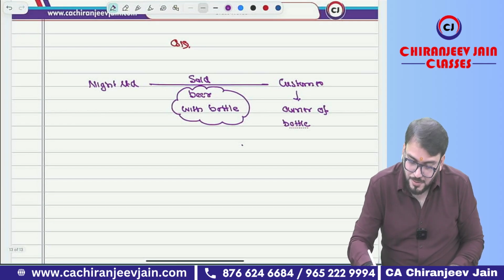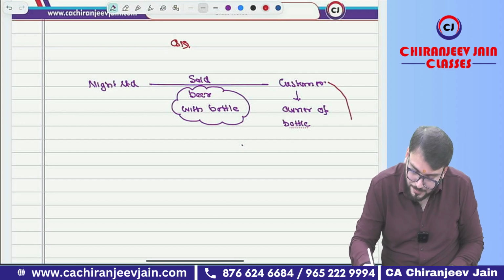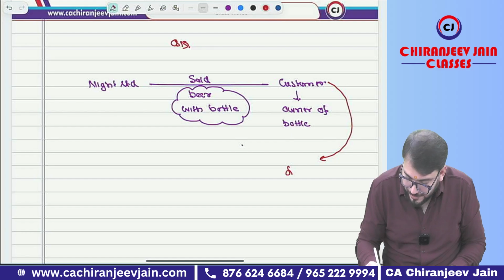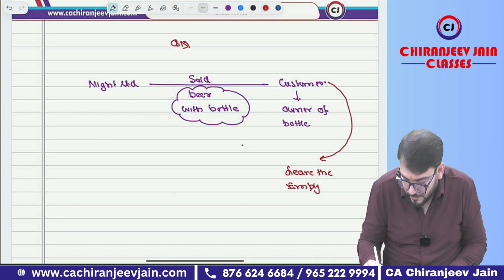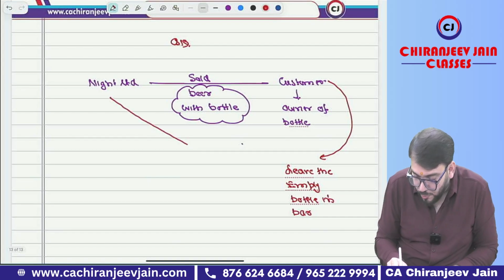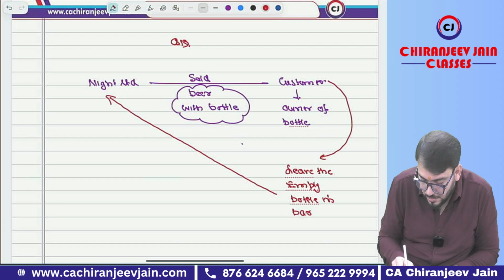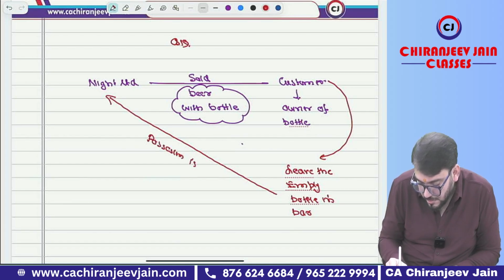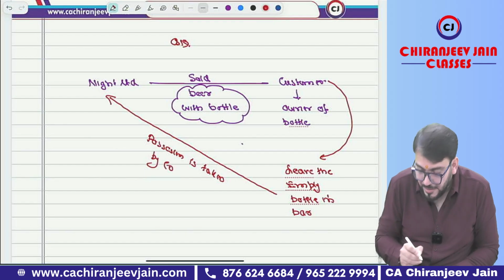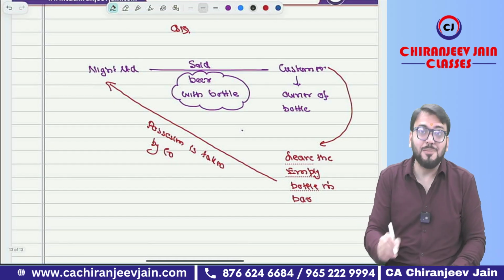But this customer will leave the empty bottle in the bar, and the entire possession is taken by the company. It means now it is under the control of Night Limited.